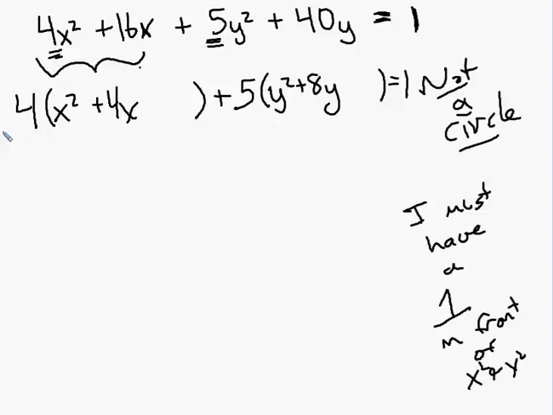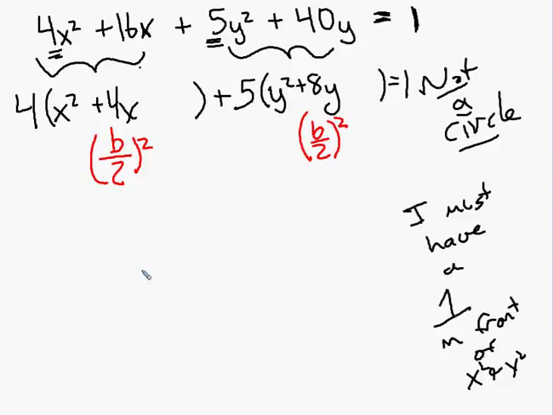Okay, so do you see what I did there? All right, so half of b squared, half of b squared, so that would be 4 and then 2 squared, so I'm adding a 4 right here.